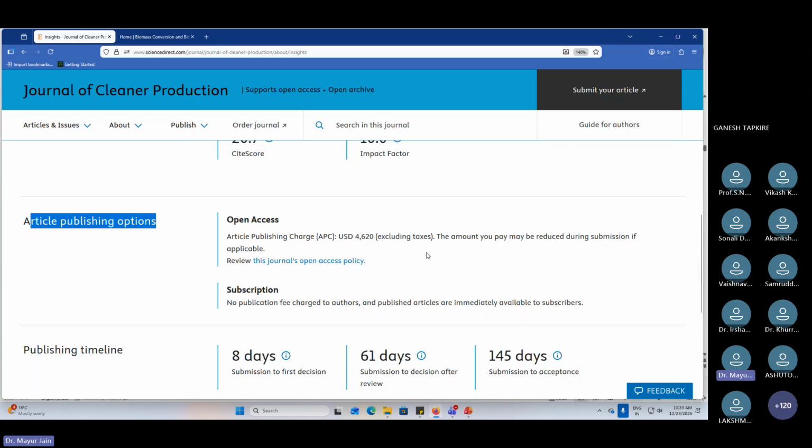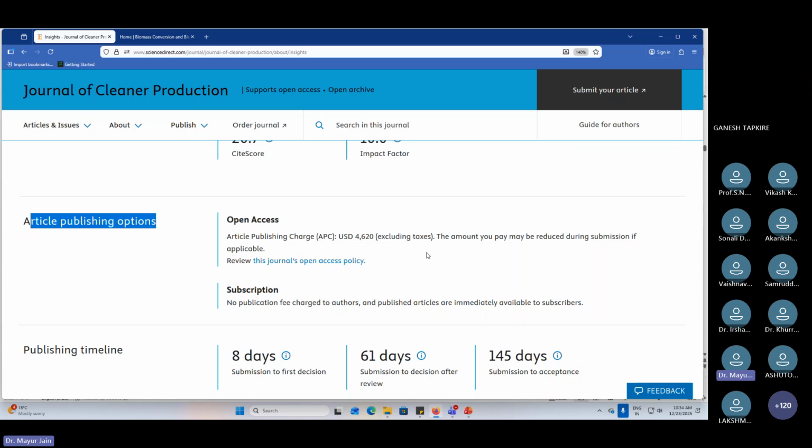And there is a way, I have seen, that certain journals are open access only, but considering the economic status of our country, there are certain journals which try to accept our papers or manuscripts.